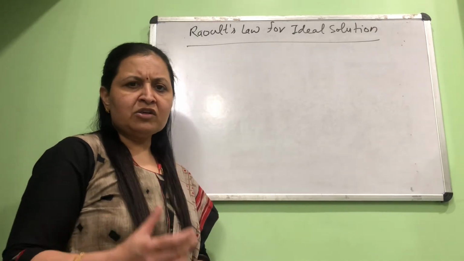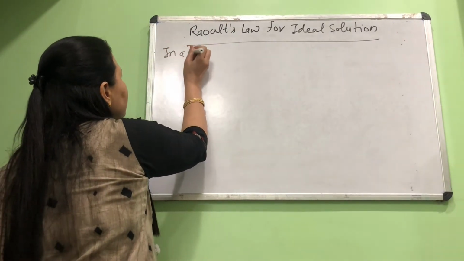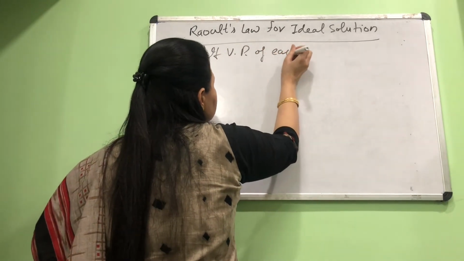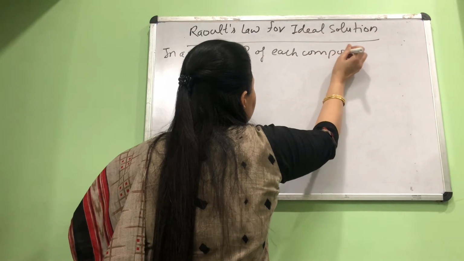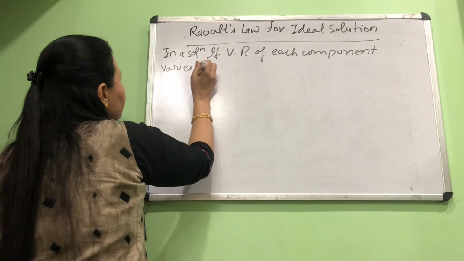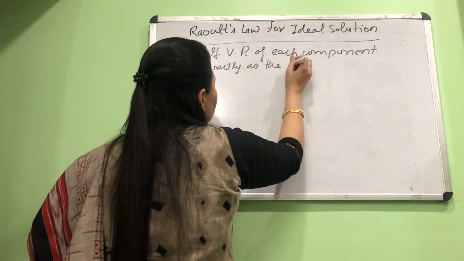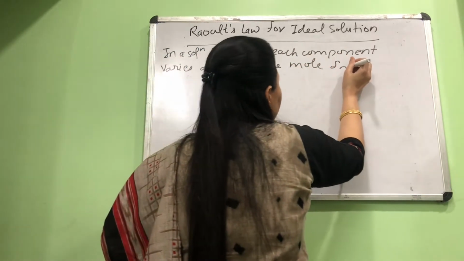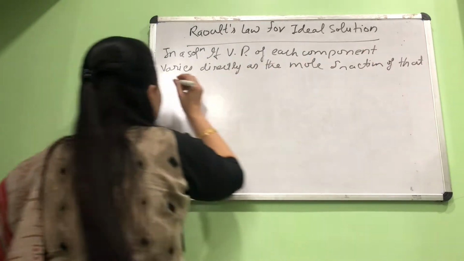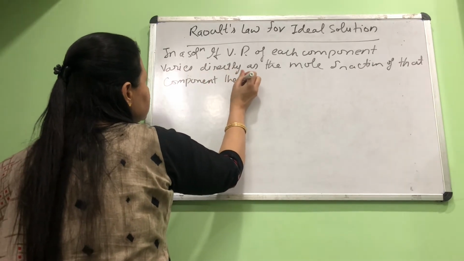So let us see first a short statement for the law. The law says that in a solution, if the vapor pressure of each component varies directly as the mole fraction of that component, then the solution is ideal.